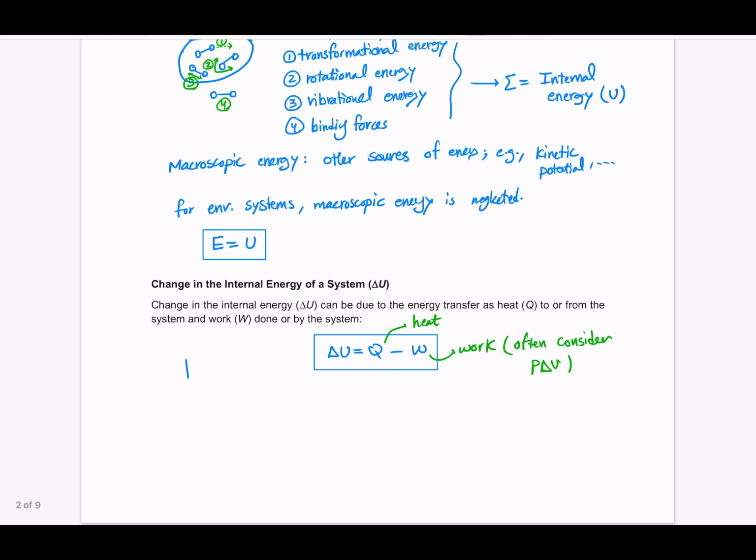And specifically, if we again talk about our system, the system could exchange heat, either release heat or we apply heat to the system, and it can perform work, or work can be done on the system.